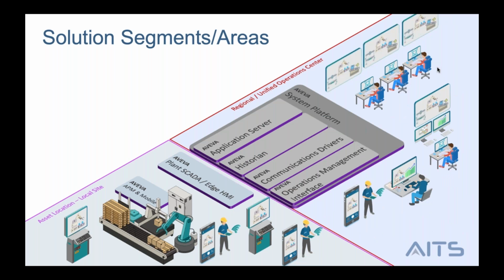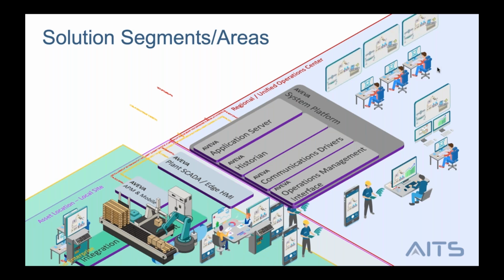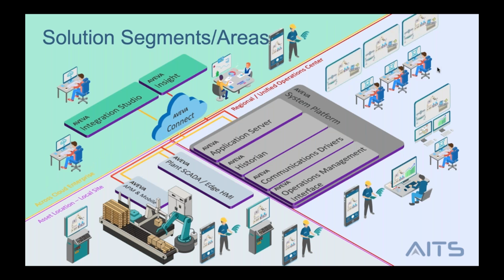And we have the multi-site or regional center deployment, where it captures the data from across different sites and different systems. And of course, the last bit is the cloud, where it enables your data insight, or access to your data from the internet or a web browser.